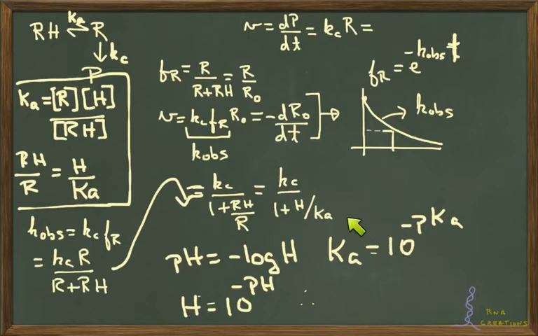So therefore, H over Ka, if we look up here, this is what I need to write. H over Ka is right there. So I can get H over Ka down here is 10 to the minus pH divided by 10 to the minus pKa.